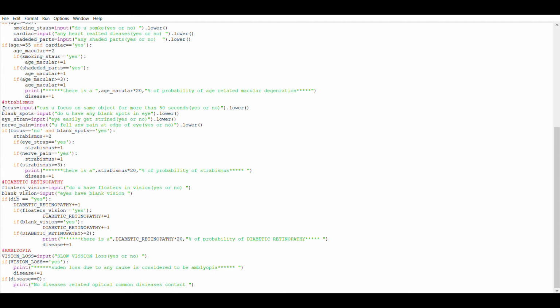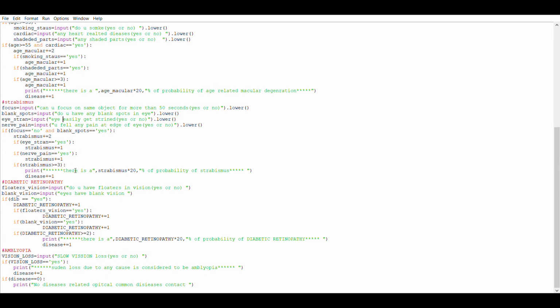Eye strain means you get tears from the eye regularly, and you feel eye nerve pain. Can you focus on any object for more than 50 seconds? If no, and black spots are there, you have a probability of strabismus. From that we go step by step.